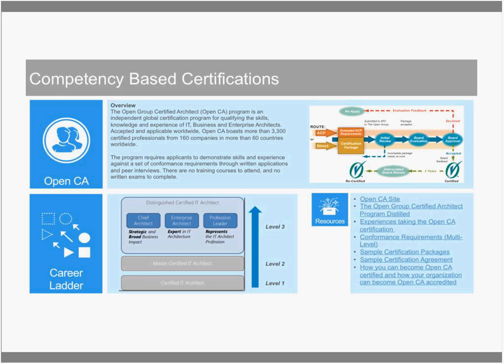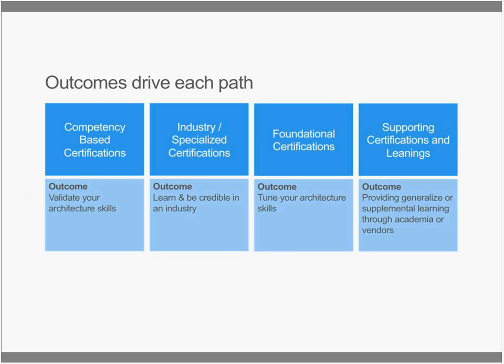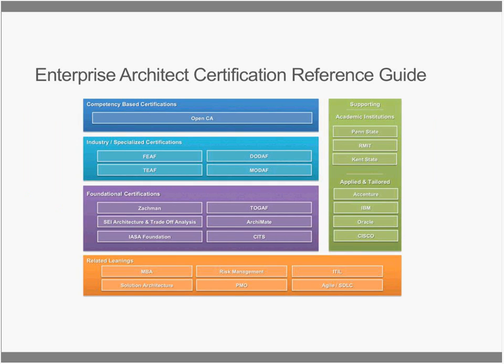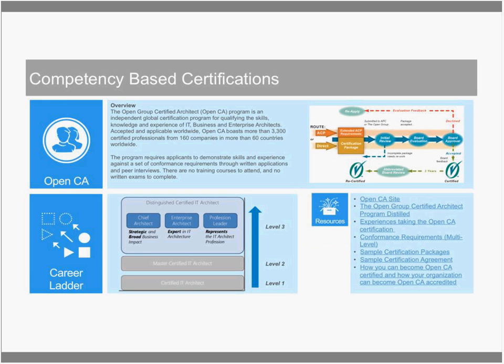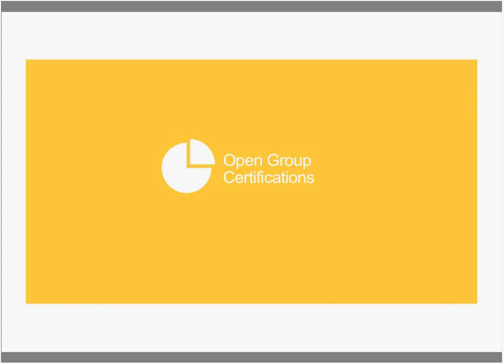We're going to go through this in a little more detail later. I want to give you an idea of the overall actual certification reference guide; if you double-click on competency-based certification, specifically OpenCA, you see this. This is how I'm thinking about how to classify certifications and how we describe them.